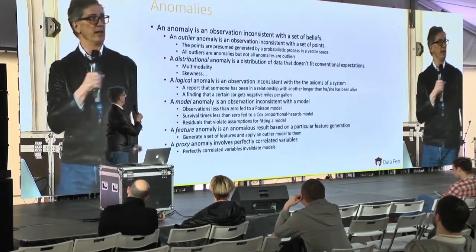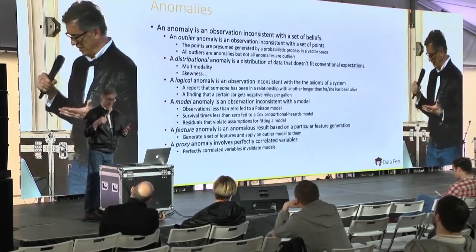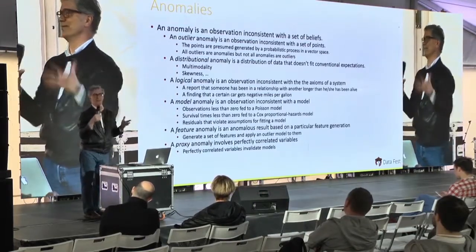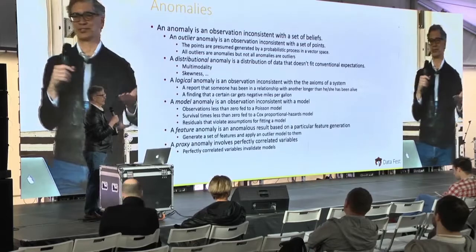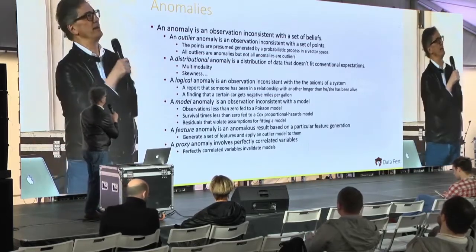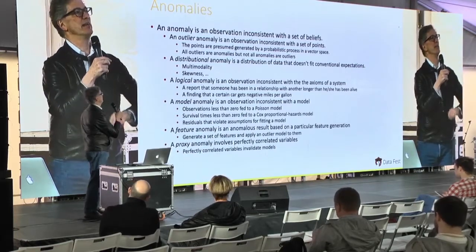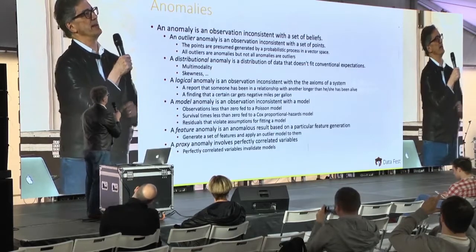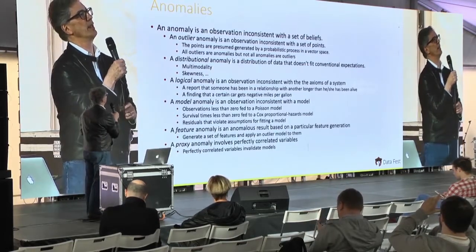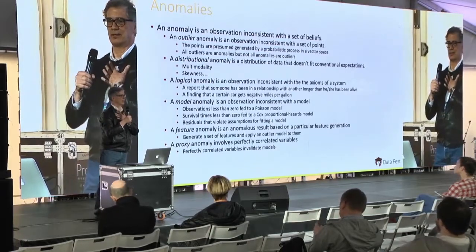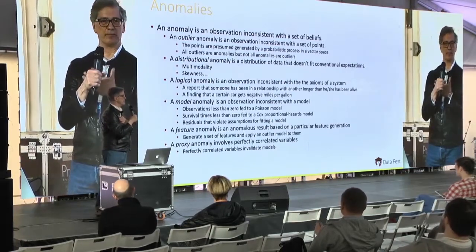So let's first define an anomaly. It's used all over the web. Program companies, or people, say it finds anomalies in the data. Well, what's an anomaly? I look at it consistent with a Bayesian approach. That is, an anomaly is an observation inconsistent with my personal prior set of beliefs.